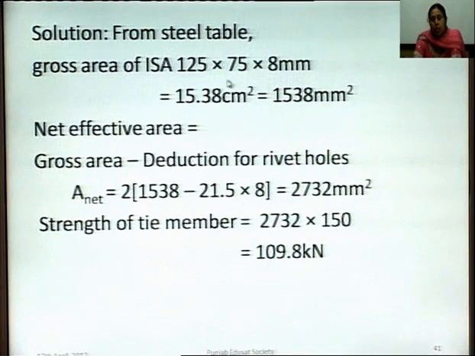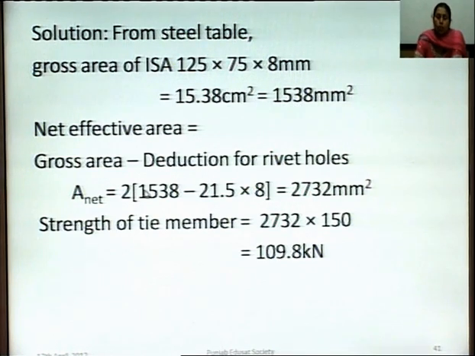The gross area of the member you can take from the steel tables. It will be 15.38 centimeter square. Area in steel table is given in centimeter square. So, it is converted into millimeter square. It will be 1538 millimeter square.